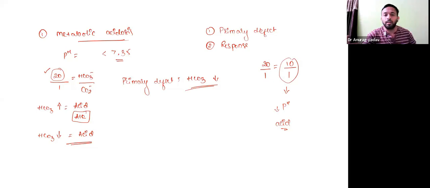What will it do? It will try to increase the respiration and wash out the carbon dioxide. Like for example, it becomes 0.5. If the numerator is reduced, the denominator also has to reduce. I told you acids can be either volatile acids or fixed acids.